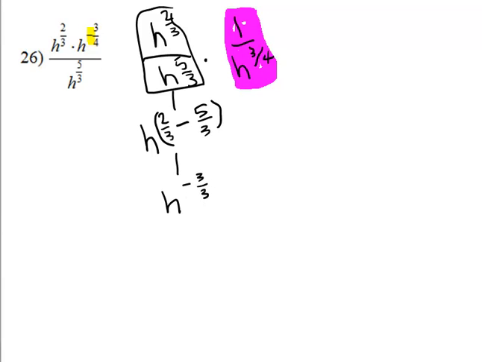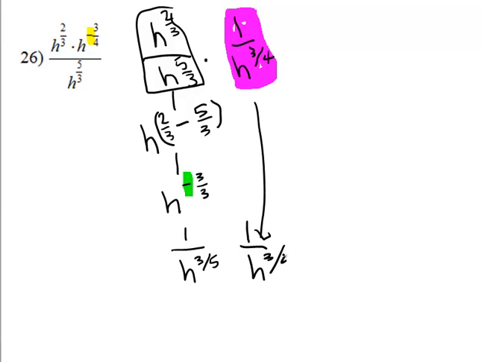Because it's a negative, you're going to make it a reciprocal. So it's 1 over h to the 3/3, and this other one comes down as 1 over h to the 3/4. I apologize, this is supposed to be h to the 3/3.